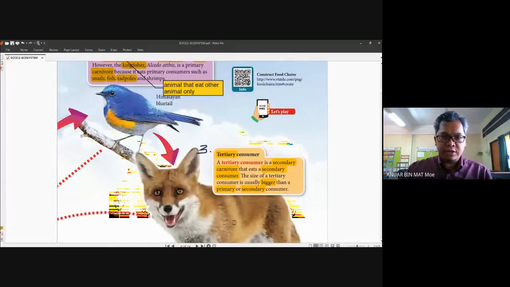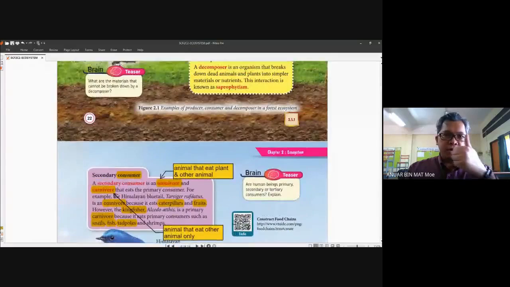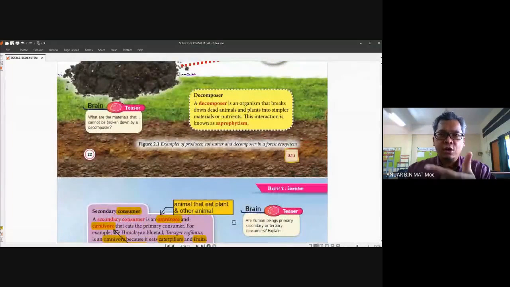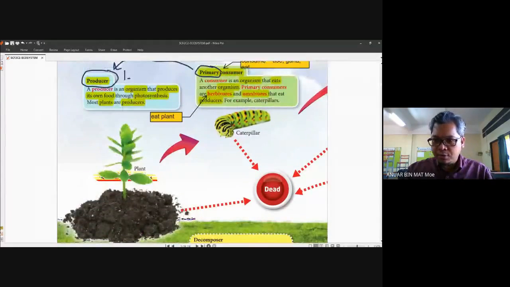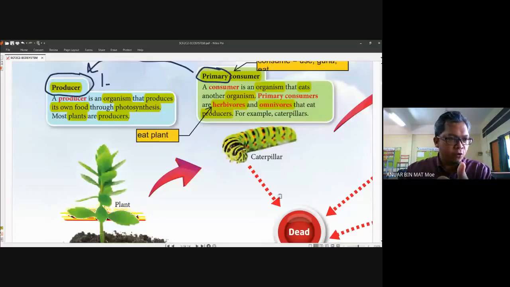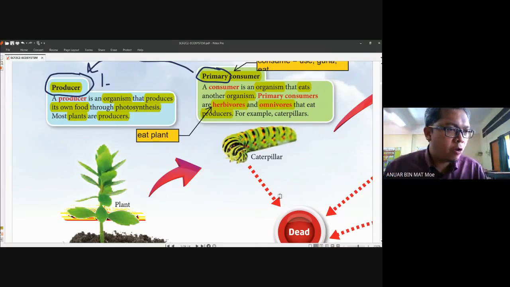Every producer, okay, producer and consumer. You still remember producer? Producer, for example, will produce its own food, and mainly producer we call plant. Plant is mainly the producer, and then all the consumers. How many consumers in here? How many consumers?